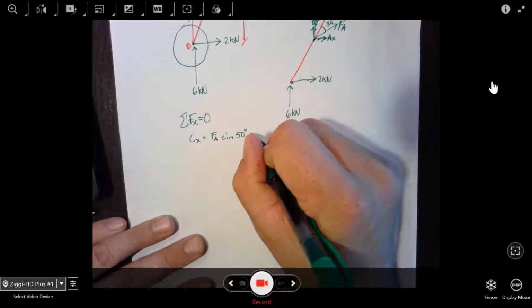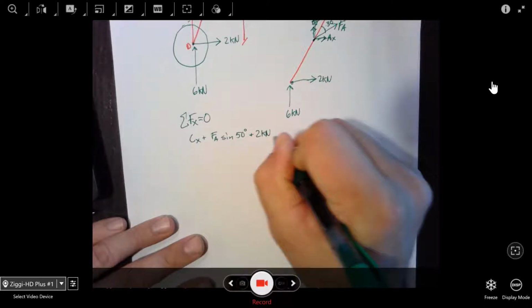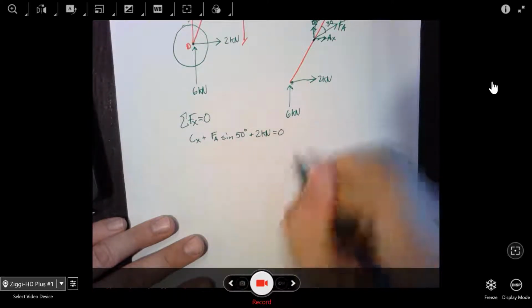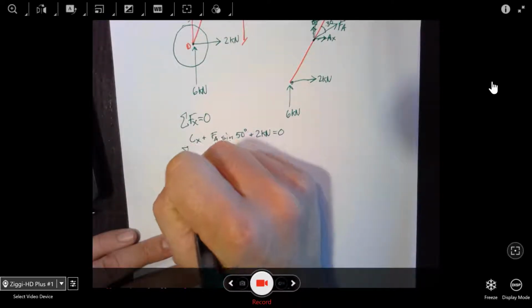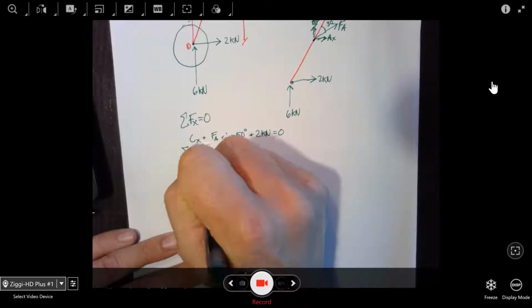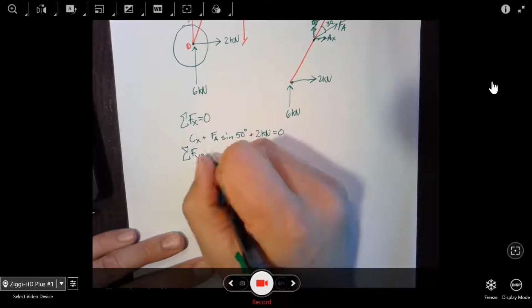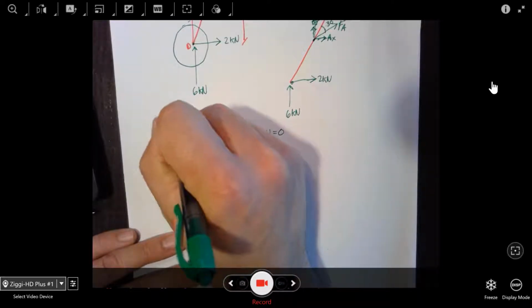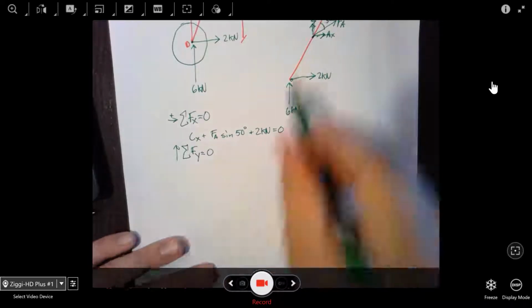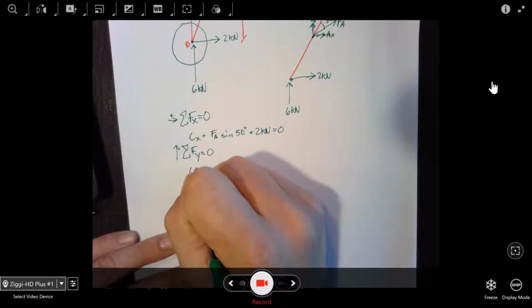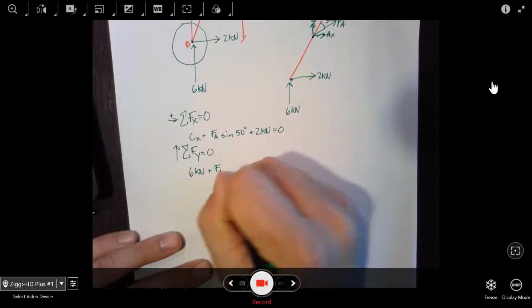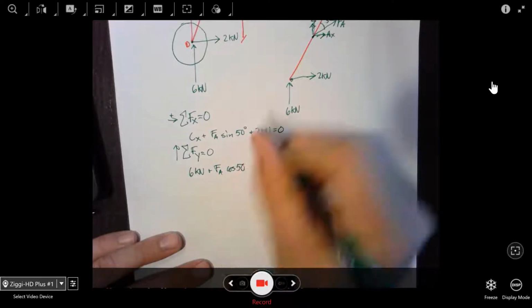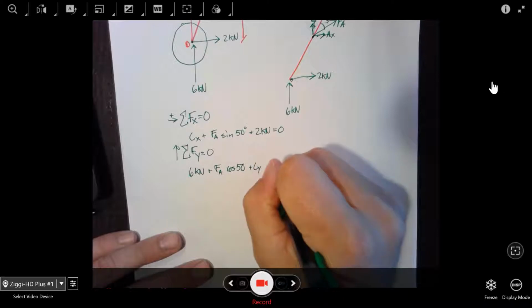And then plus 2 kilonewtons has to equal 0. We'll do the same thing then, sum of the forces in the y direction has to equal 0. So in the y direction, I'll have 6 kilonewtons plus FA cosine 50 plus CY equals 0.